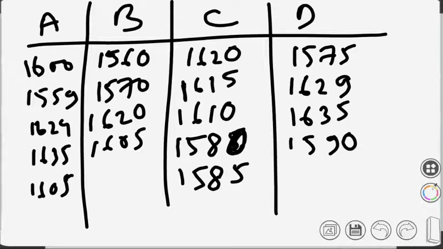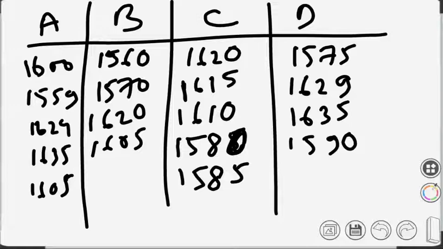Now with this data, we will be doing the one-way analysis of variance. Before that, we should have written the null hypothesis and alternate hypothesis first. Then we'll start the calculation. So please write the null hypothesis.